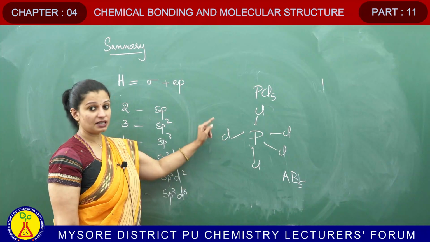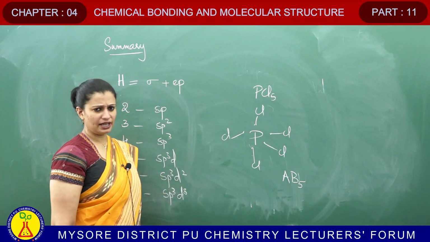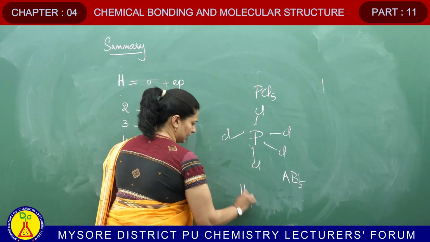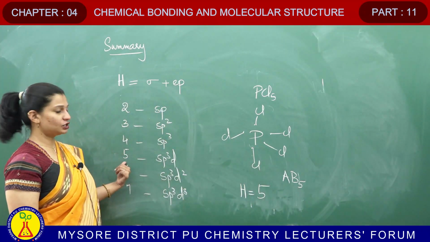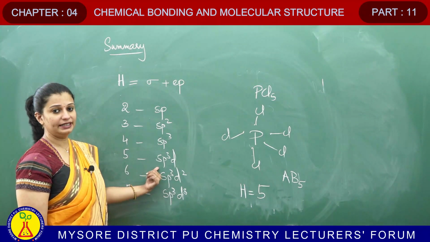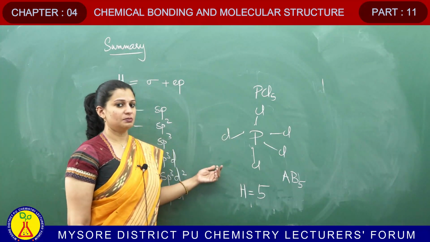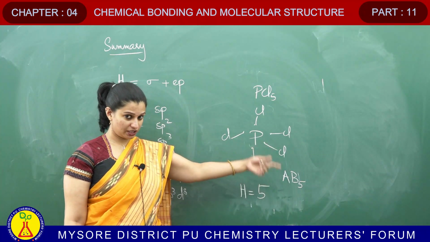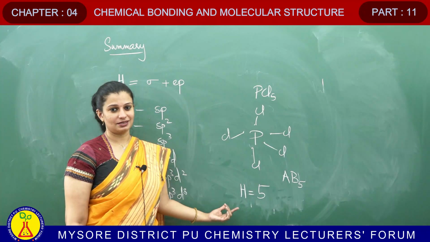Count the number of sigma bonds and any electron pairs. I do not have any electron pairs, I have 5 sigma bonds. So my H value is 5. And if you get an H value of 5, the hybridization of the central atom is sp3d. So like that, I got 3 pieces of information based on this method. You can tell me the geometry of the molecule, the shape of the molecule, as well as the hybridization by using this.